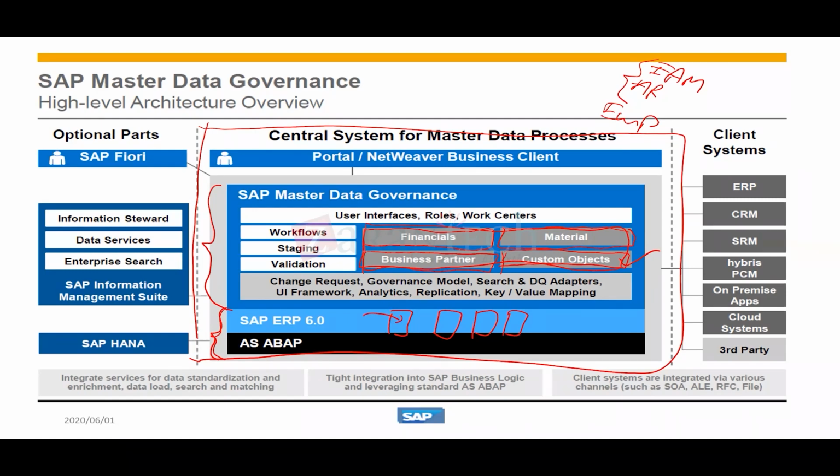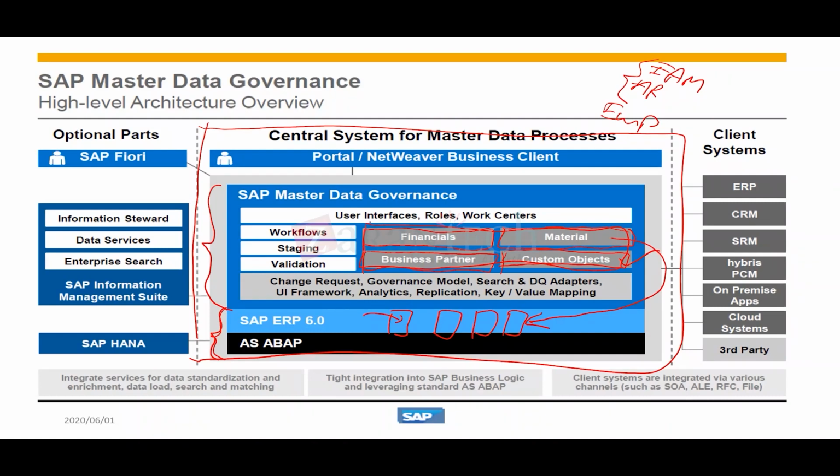Whereas with the introduction of MDG, these staging tables get generated. If from MDG I try to create a material or customer, first the data gets stored into my staging tables. It will go through the review process and everything. Finally, the approved or finalized records will be moved from my staging area to my active area tables.